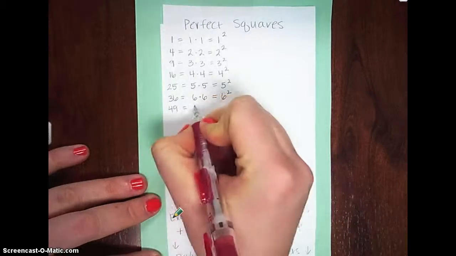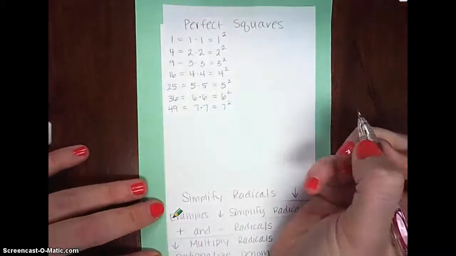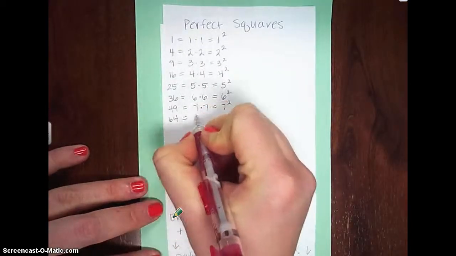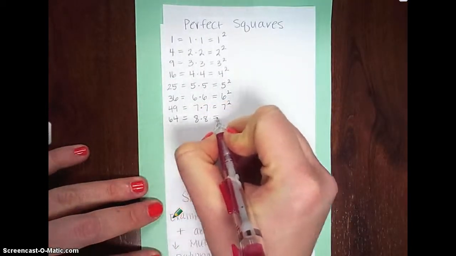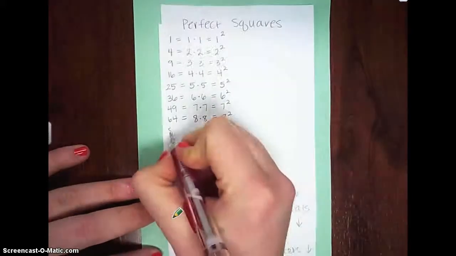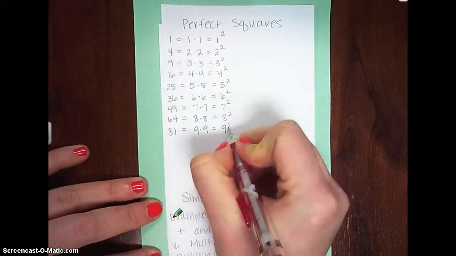49 comes from 7 times 7, which is 7 squared. 64 is 8 times 8, which is 8 squared. 81 is 9 times 9, 9 squared.